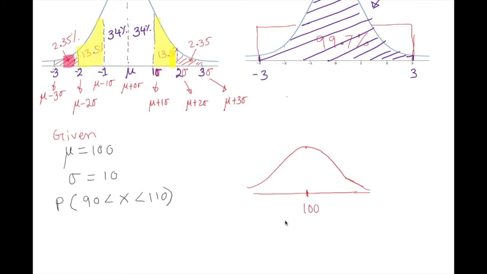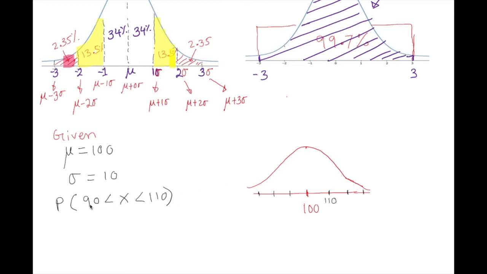Then this is going to be 1, 2, 3 standard deviations, always like that. Mean plus 1 standard deviation: mean is 100 and standard deviation is 10, 10 times 1 is 10, so 110. We have that 110 already up here.